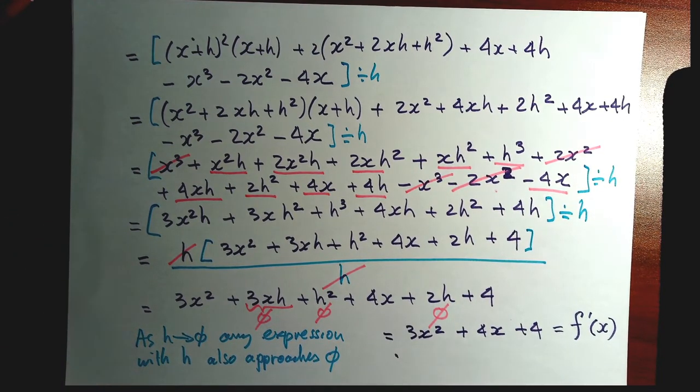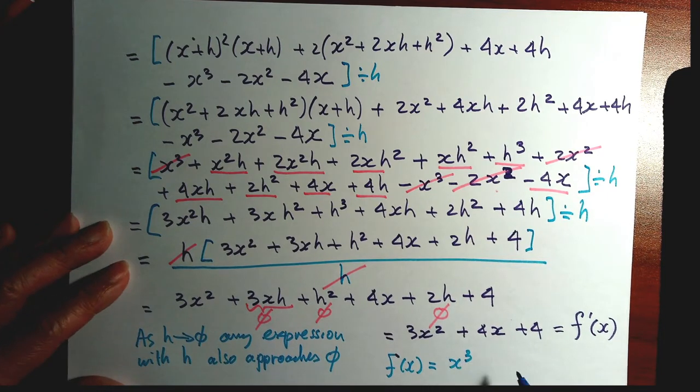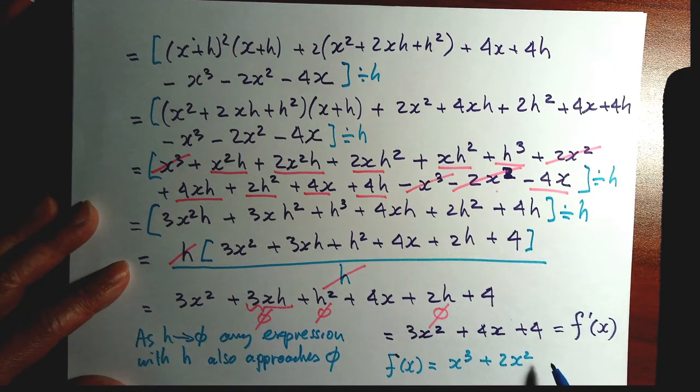The function f of x is equal to x cubed plus 2x squared plus 4x.